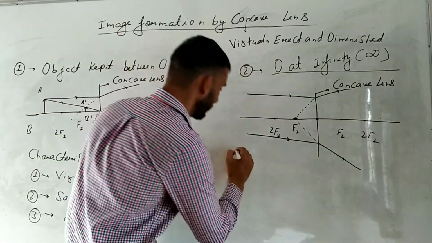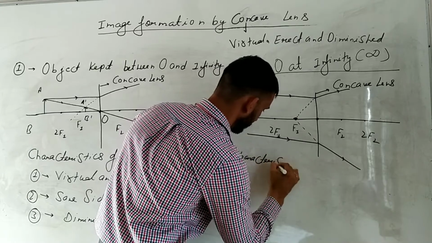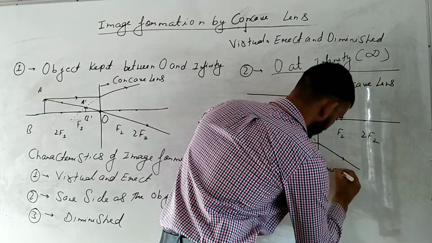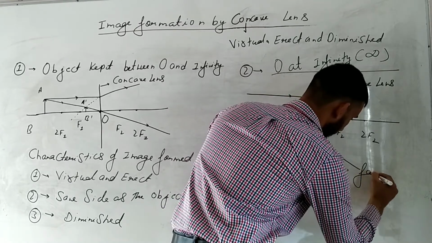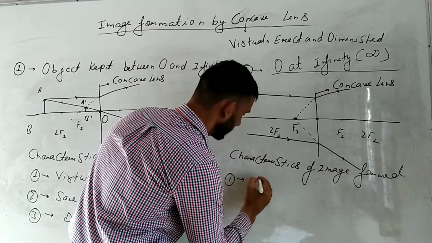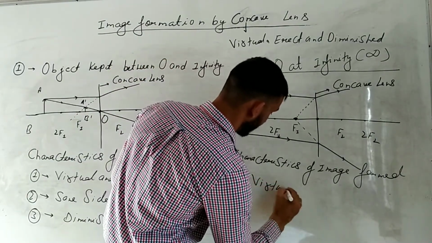Again, characteristics of image formed. You know that first it will be virtual and direct because it always forms virtual and direct.